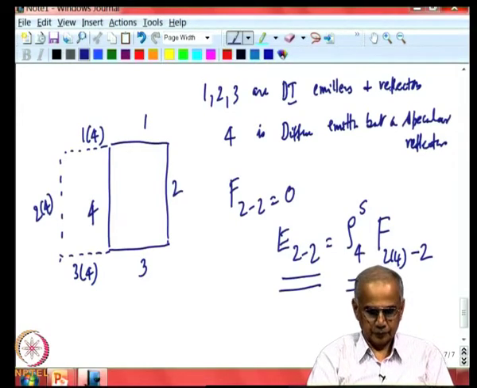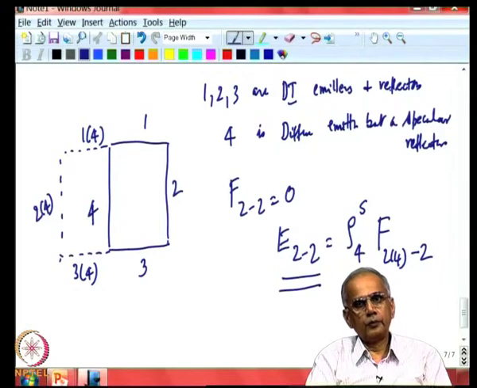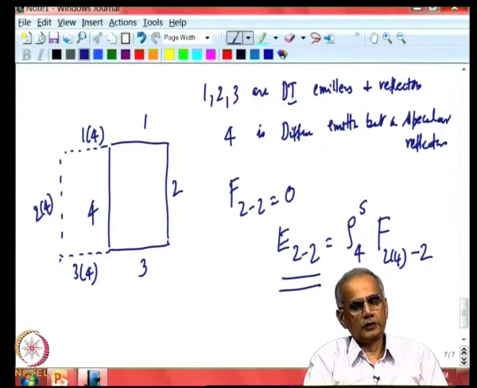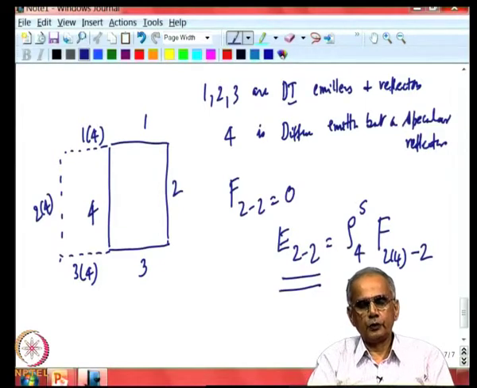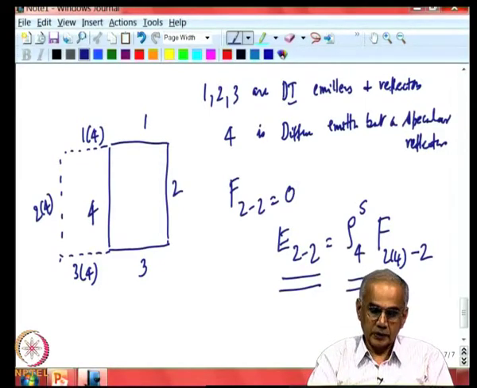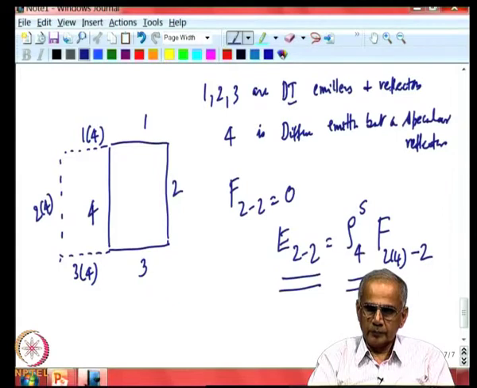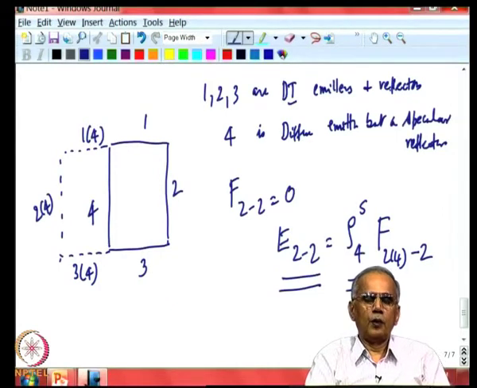So, I want to remind you that one of the advantages of the shape factor definition, which is valid only for diffuse isotropic emitters and reflectors, was that it was a purely geometric factor. Once you knew the geometry of a problem, you could calculate Fij's once and for all, store them and use them many times.